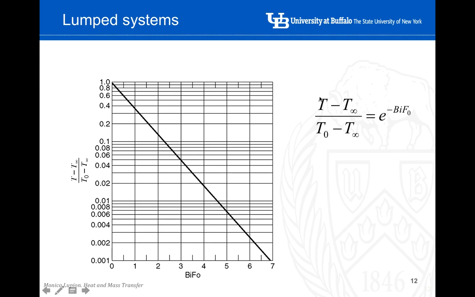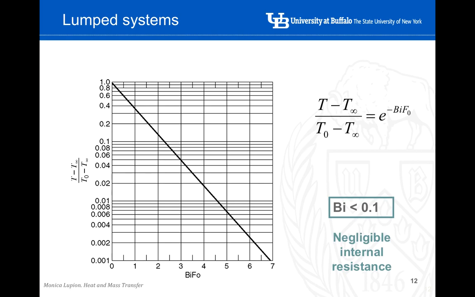This equation here we can also draw, just to solve numerically much quicker and much easier. So we can use this graph here that you can find in your textbook to solve the temperature and the heat transfer when we have a very small Biot modulus. And just a criterion that we apply is that the Biot number is below 0.1.